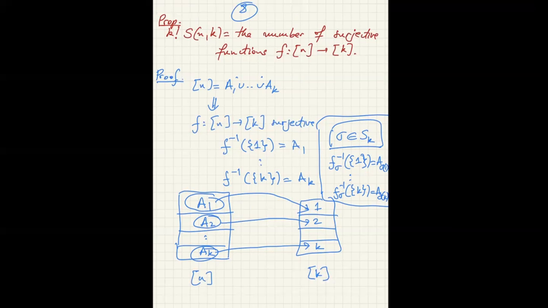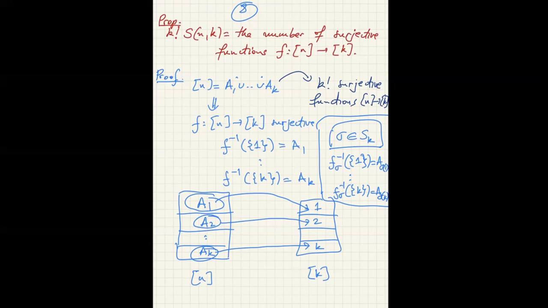So from this partition, we will get K factorial surjective functions from N to K, and backwards, any surjective function from the set with N elements to a set with K elements comes from such a partition, because if a function is surjective, the preimages of the elements 1, 2, 3, K form a partition of the set N.